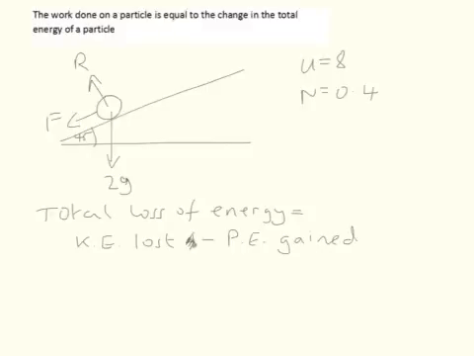So the total loss is the kinetic energy lost, but because it gains some potential energy, we need to take that away. So initially it had some kinetic energy, so half m times 8 squared, and by the end it had no kinetic energy, so that's half times 2 times 0 squared.